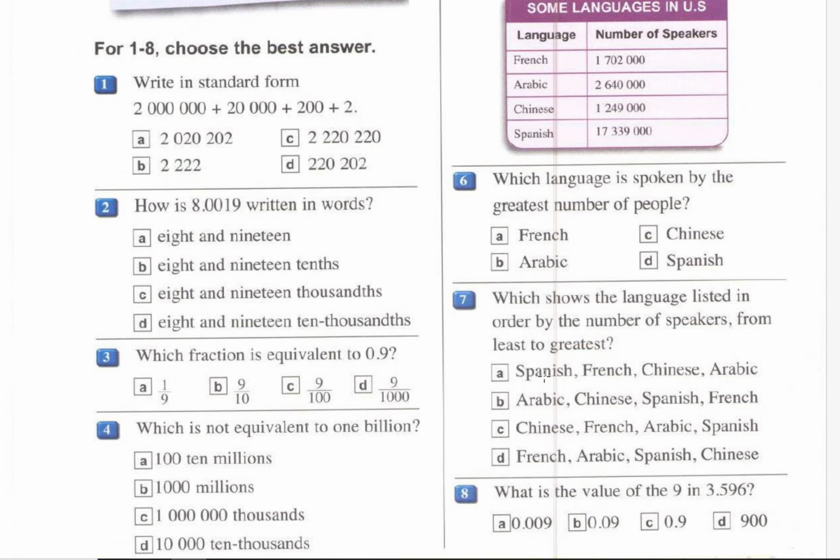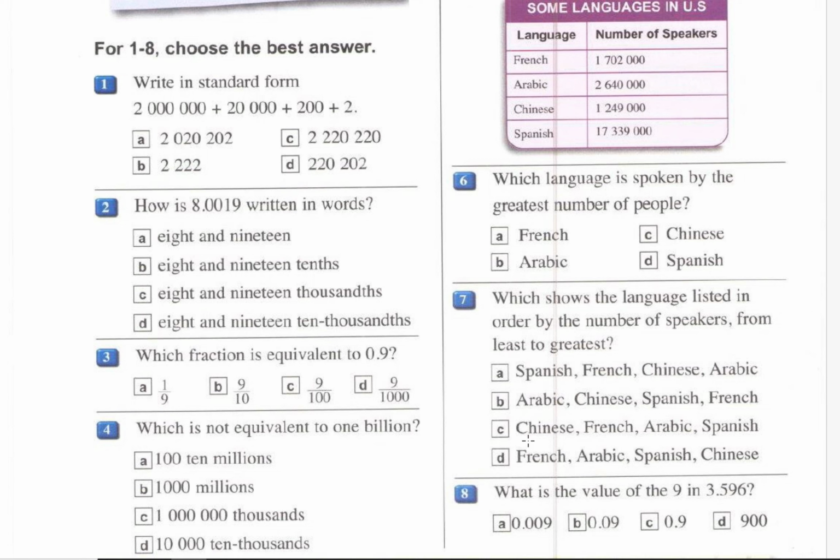And from least to greatest, we know that the greatest is Spanish. It must be at the end. And the smallest, the least is 1.2 million. This is Chinese. It means the correct answer will be C, because Chinese, French, Arabic, and Spanish.